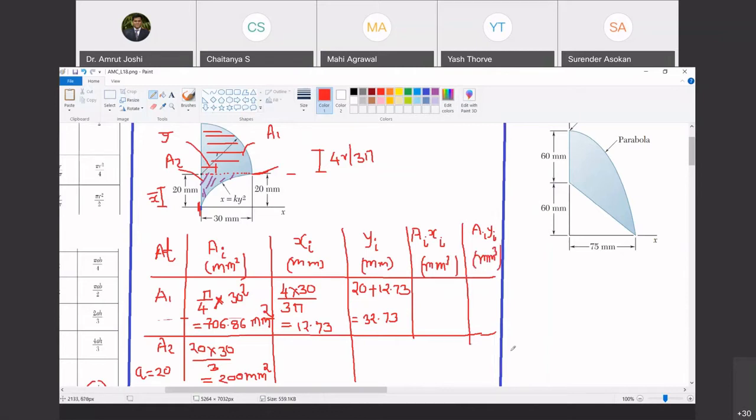Chalo. The table may extend here. Don't worry about it. That's fine. Now tell me how much is AIXI. So 706.86 into 12.73. Quickly. Sir, 8998.33 mm cube.